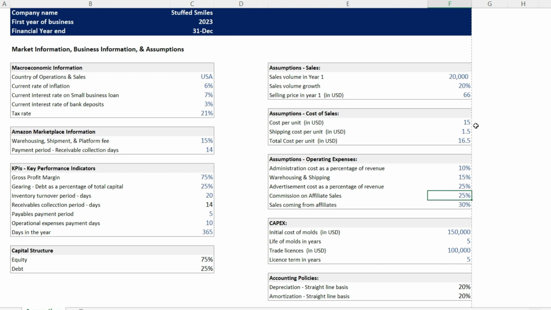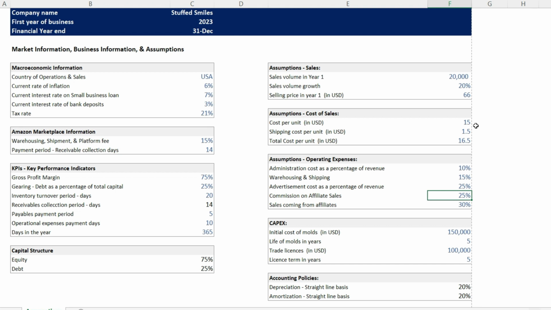So first, let me explain affiliate sales. For example, if you Google something like the best birthday presents for kids, you will see there are multiple websites that are recommending different things. So basically these are affiliates who recommend the products from different suppliers, and then they charge commission if the sale is made with their reference.